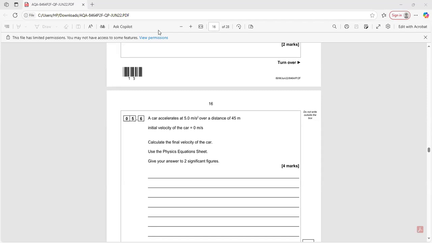Okay, so the formula for this is what? I told you that during our time, there was nothing like a physics equation sheet. You have to remember the formula yourself.